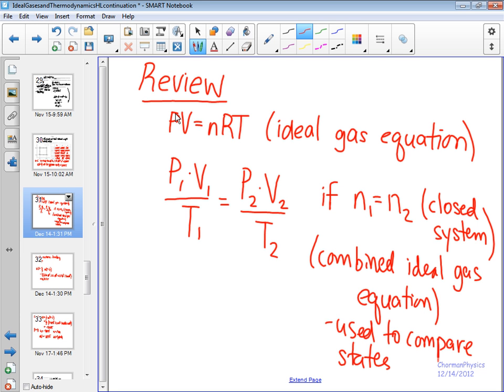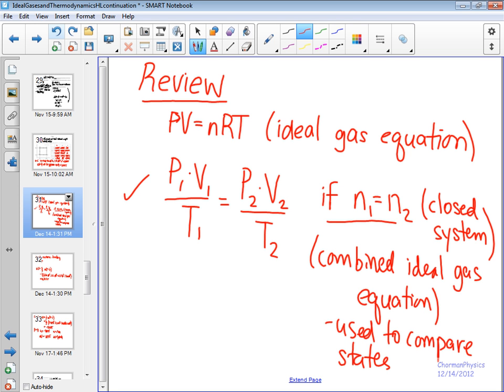The first is our ideal gas equation, okay, which is PV equals nRT. With this equation, all right, if we consider two different states, and I've already done this derivation right here, okay, we can basically show that PV over nT is equal to R for any state, okay, so we can set those PV over nT equal to each other.